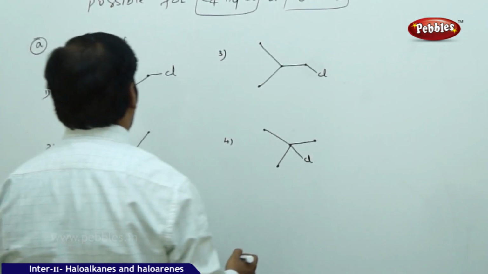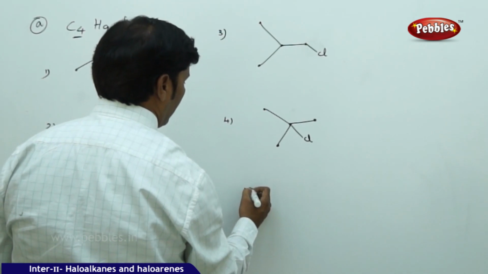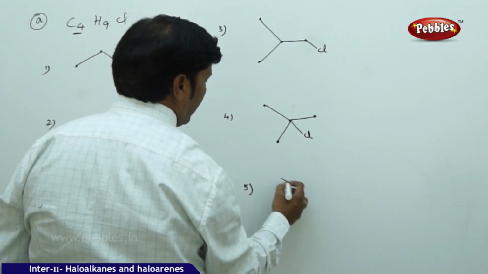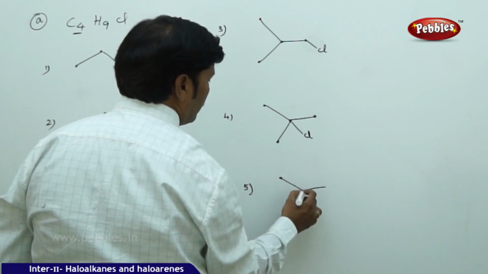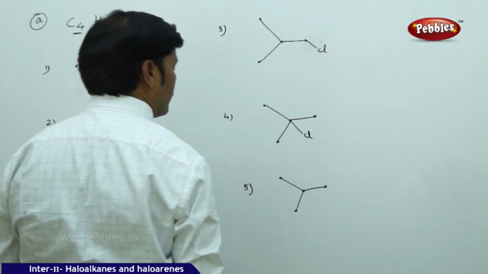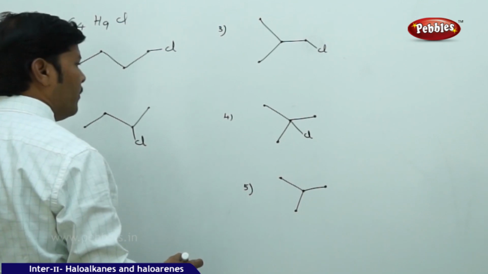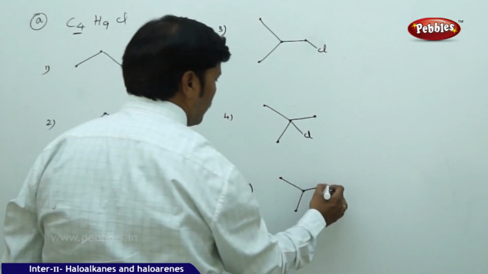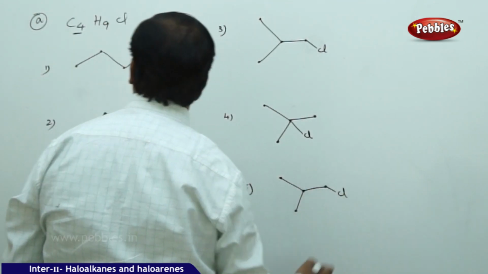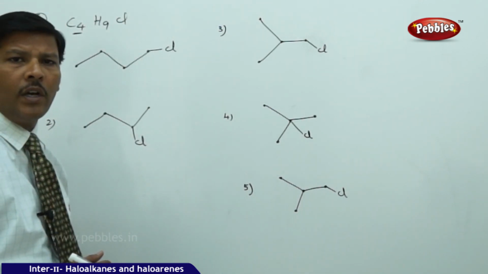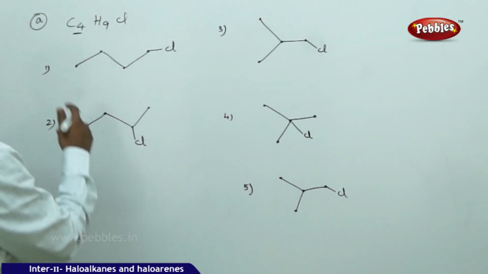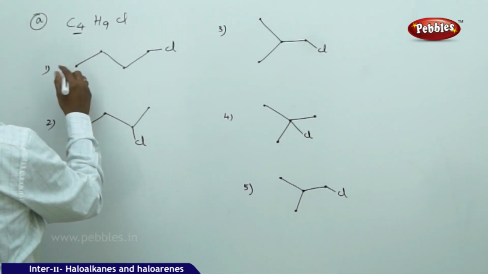Now what about the fifth one? I think I can take it like this, again 1, 2, 3 and 4. If I place one chloro group over here, I think we are going to get 5 different positional isomers.